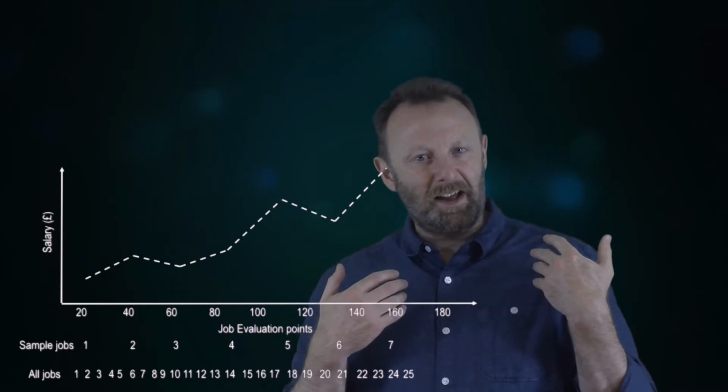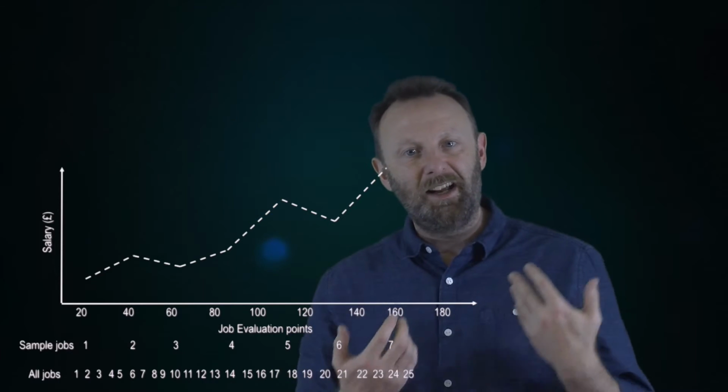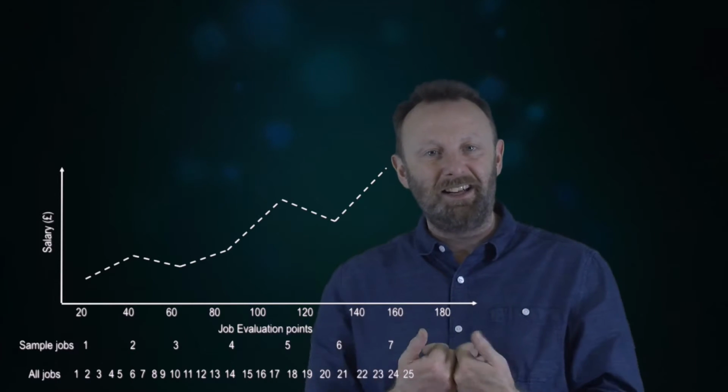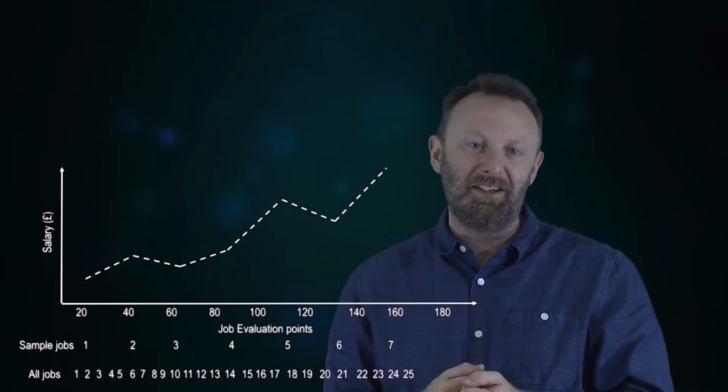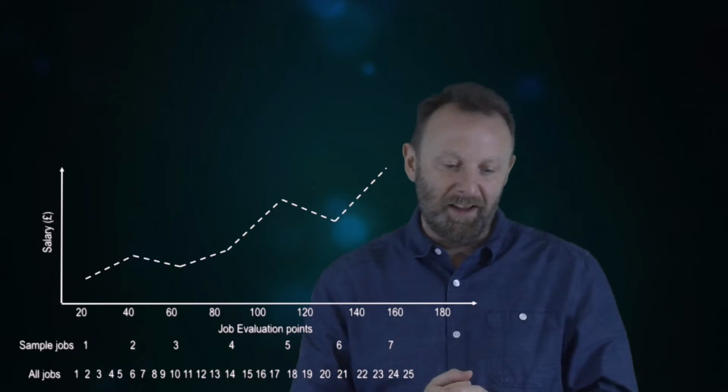So we need to have some confidence in establishing a market reference point that has a clear relationship between our job evaluation scores and the pay rates that are ongoing in the outside world.